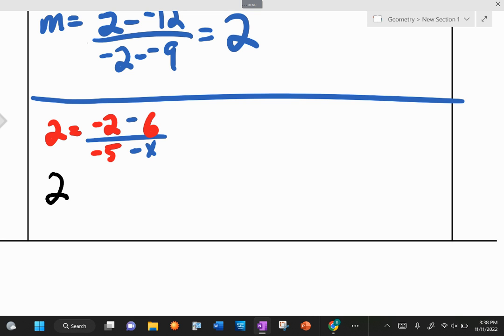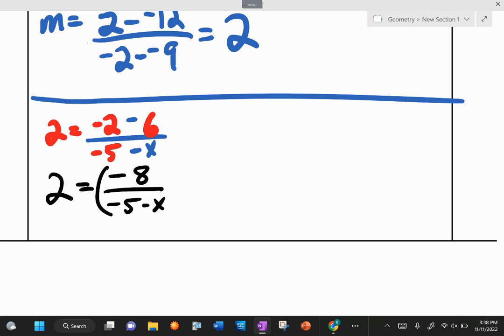So we're going to combine like terms on top, which will be negative 8 over negative 5 minus x. Now, I still have the issue of having x on bottom.